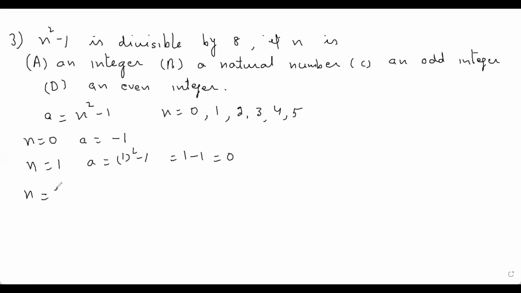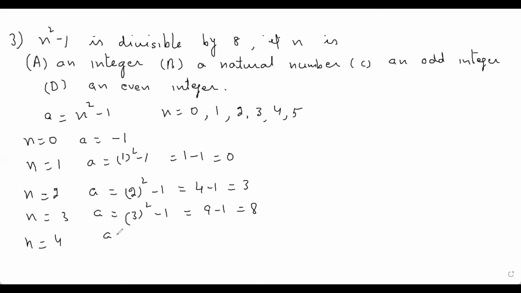If n is 2, then a is equal to 2 square minus 1, which is 4 minus 1, equal to 3. If n is 3, a is equal to 8. If n is 4, a is equal to 4 square minus 1, that is 15. If n is equal to 5, then a is equal to 24.